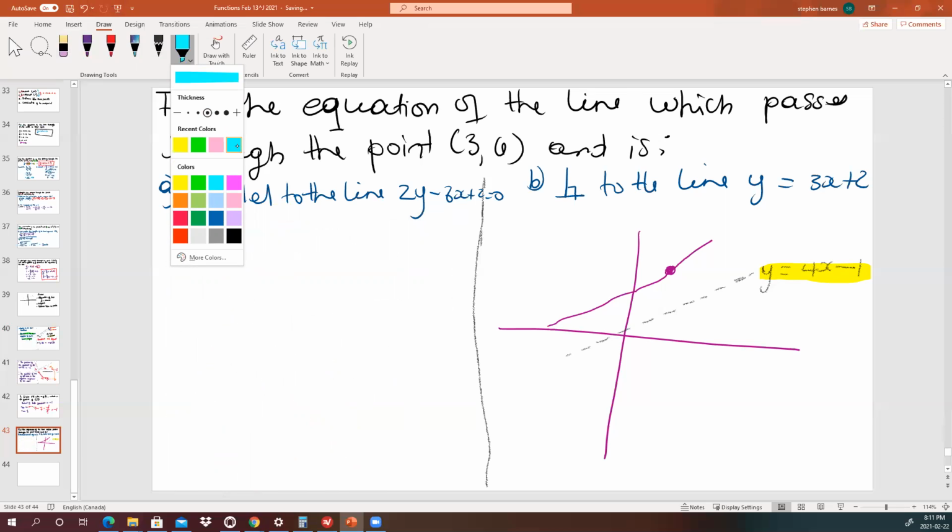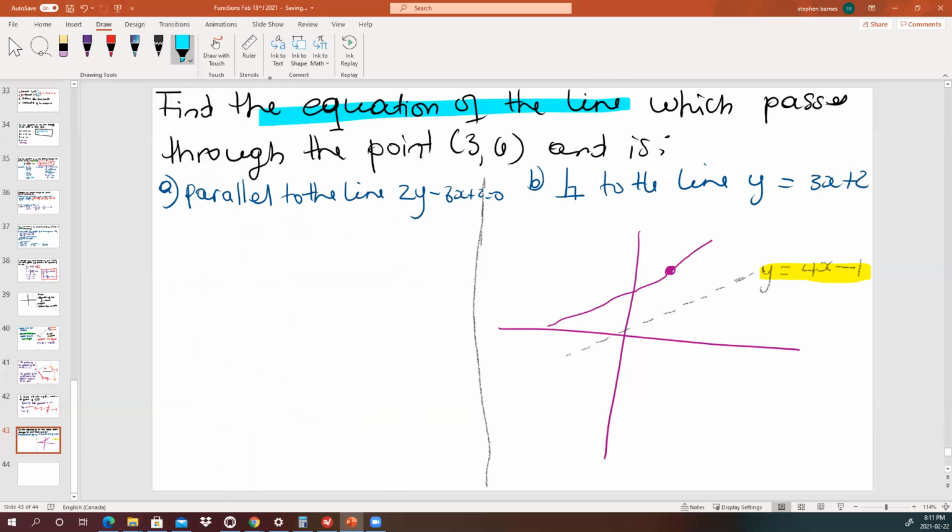The question asks us to find the equation of the line that passes through the point 3, 6. So we're trying to find the equation of this line right here. So probably one of the first steps to find that equation is finding its gradient.